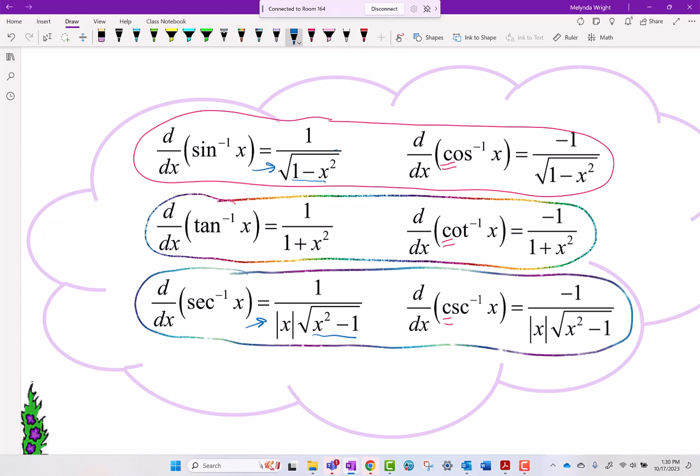Several years ago, one of my students said, you know how I remember? I remember because these x's are right next to each other. That makes me remember that it's the arcsecant that has x squared minus 1, and the arcsine is 1 minus x squared. That's how they remembered the order. The arctangent doesn't have a radical at all.